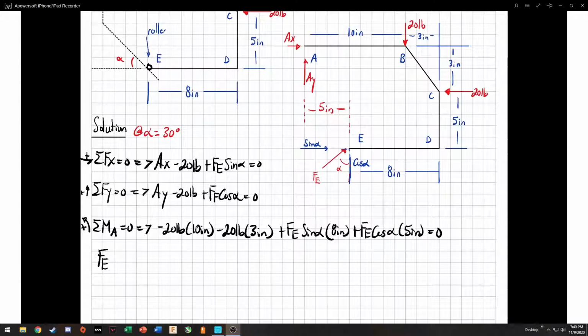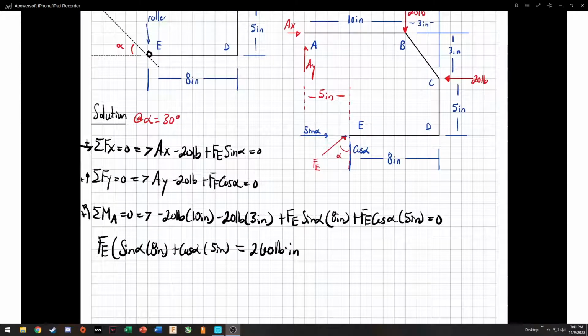We have FE as the common factor times sine of alpha times 8 inches plus cosine alpha times 5 inches, all equal to our negative 20 times 10 minus 20 times 3, which is negative 260. Bring it over to the other side, we get a positive 260 pound-inches. Divide 260 by sine alpha times 8 plus cosine alpha times 5, and we get force FE.